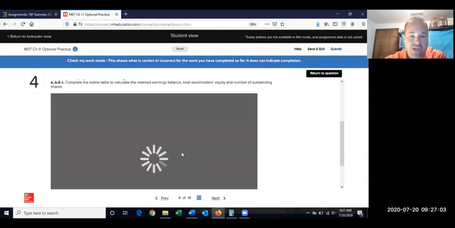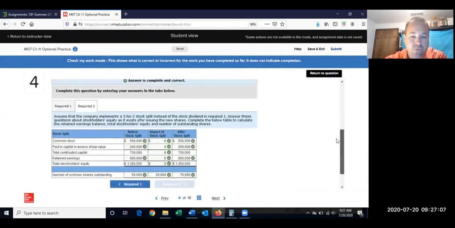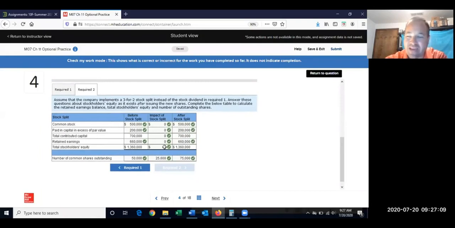Nothing else would have changed. That's what a stock split does. It doesn't do anything to your books. There's no journal entry. All it does is increase the number of shares and decrease their par value. Basically what they're worth, in a sense, even in the market.